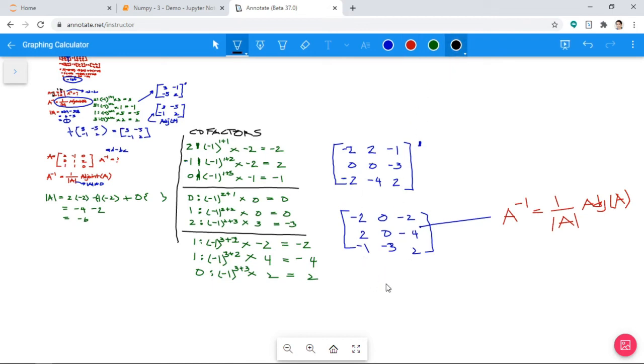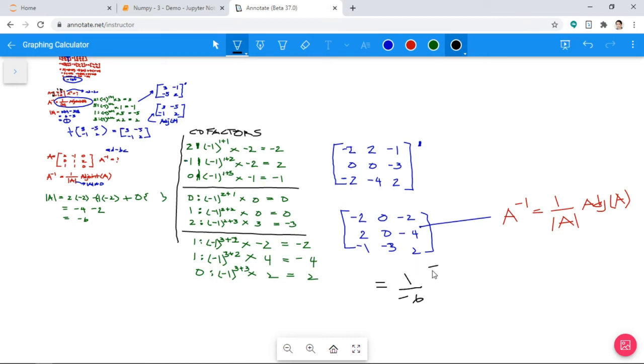So it's a formality, we derive the value. This one is 1 over negative 6, and we multiply by this one.